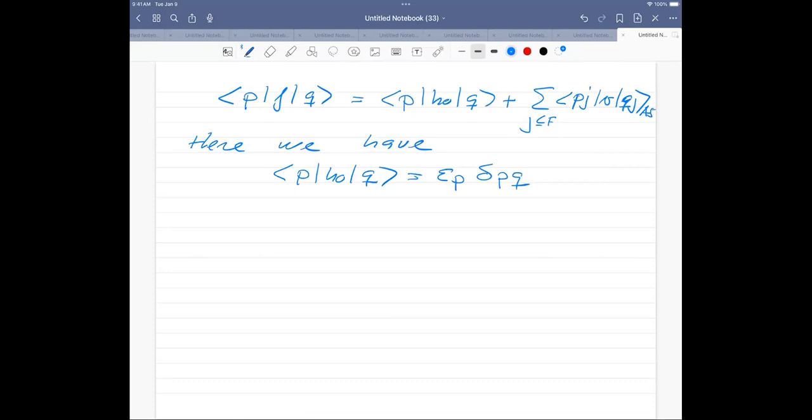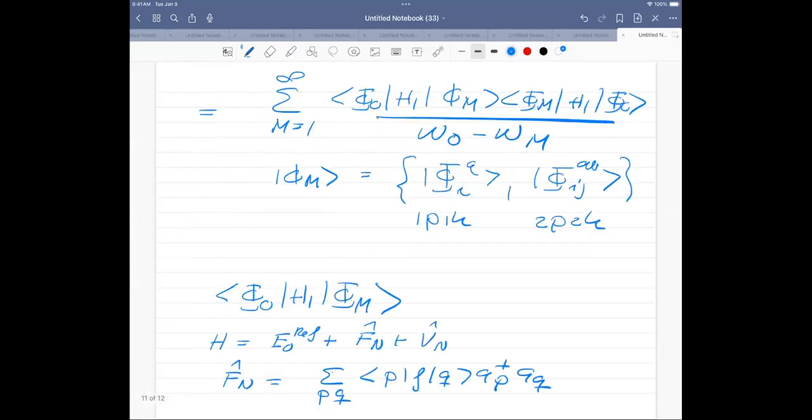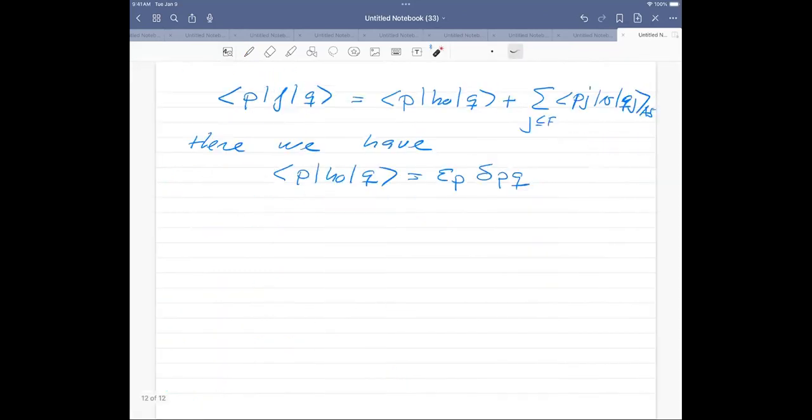So just keep that in mind, because we have included this piece with H0 in the unperturbed basis. And when we now are looking at the perturbation, we're actually looking at the two-body interaction only. So the term which we should retain should be this term plus the two-body interaction.